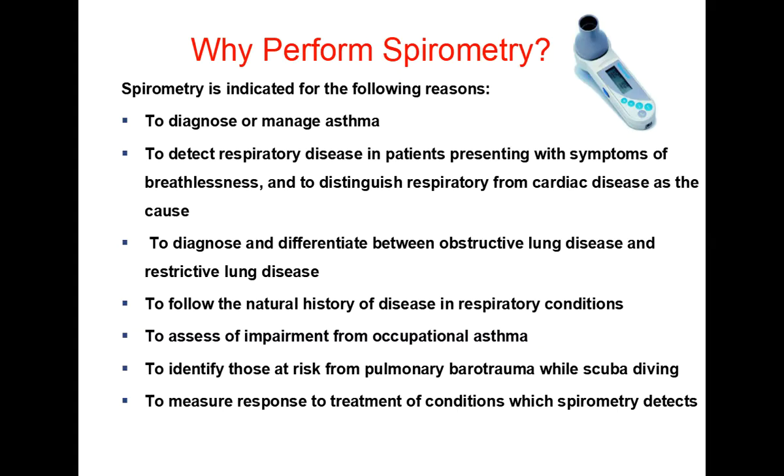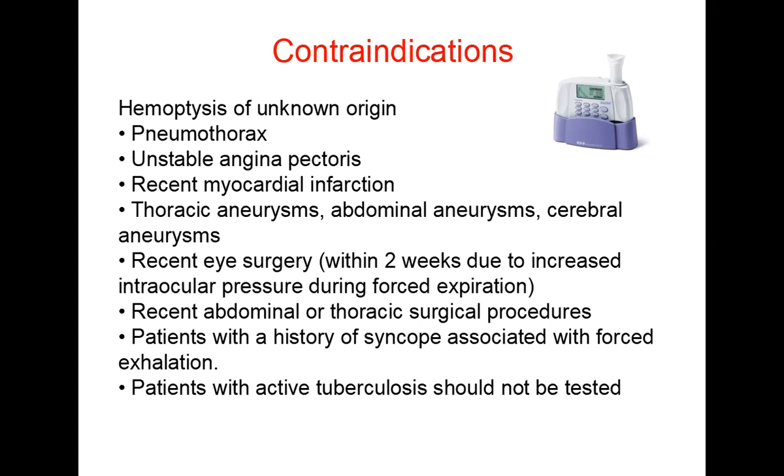Hemoptysis of unknown origin is a contraindication. Don't use spirometry in hemoptysis, pneumothorax, angina pectoris, myocardial infarction, thoracic aneurysm, abdominal aneurysm, cerebral aneurysm, recent eye surgery due to the intraocular pressure during forced expiration, or recent abdominal or thoracic surgical procedures.